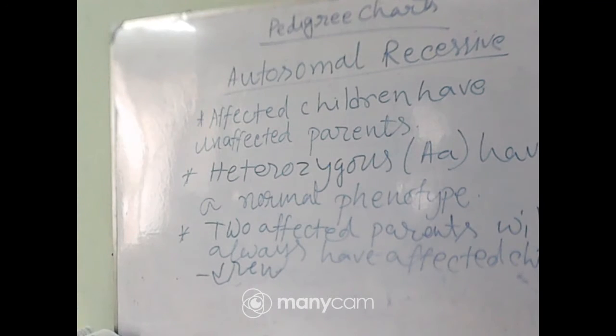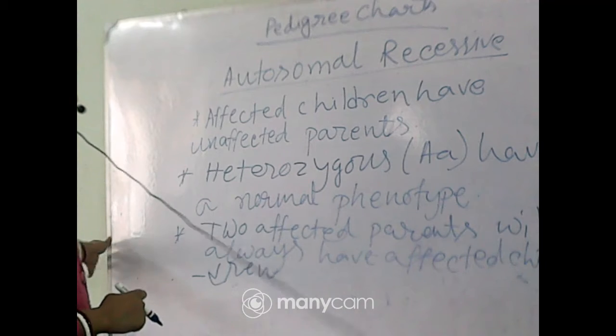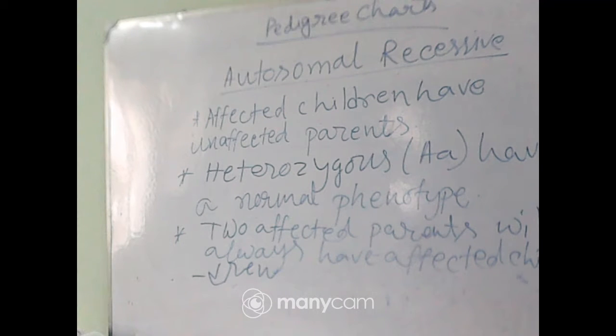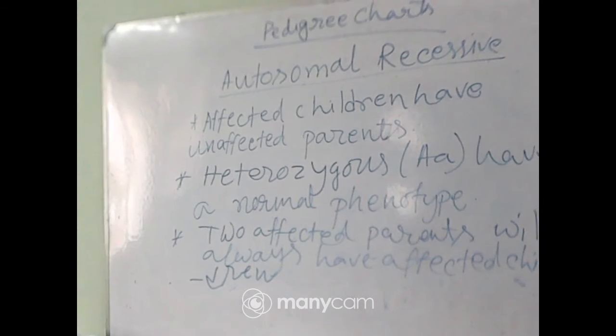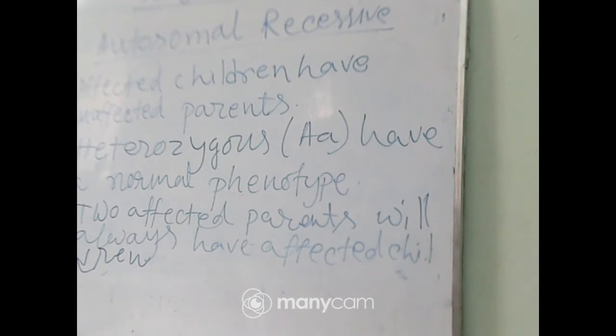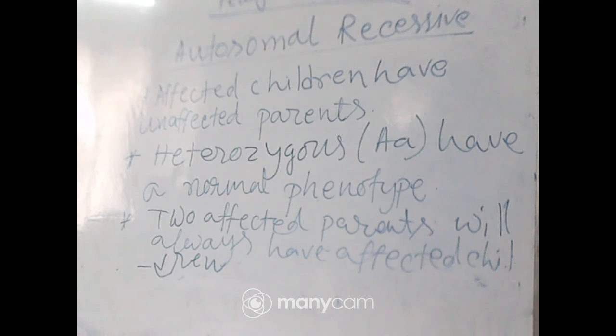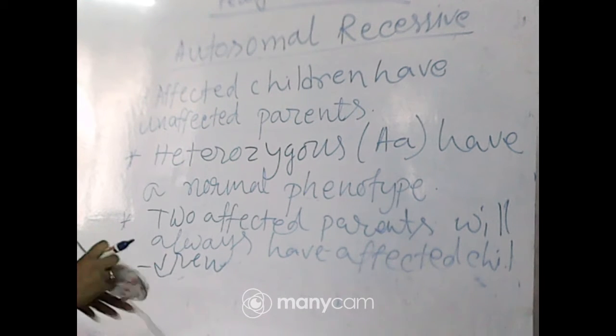So first one, affected children have unaffected parents. Second one, heterozygous have a normal phenotype. Third one, two affected parents will always have affected children.